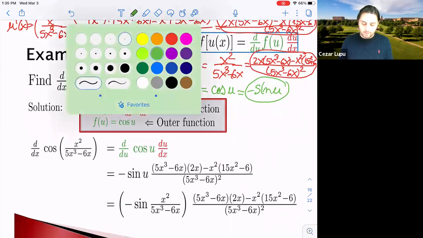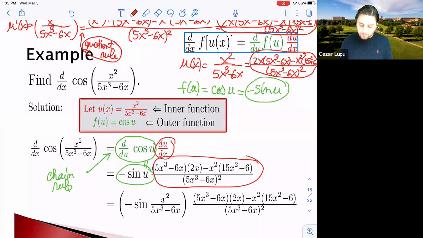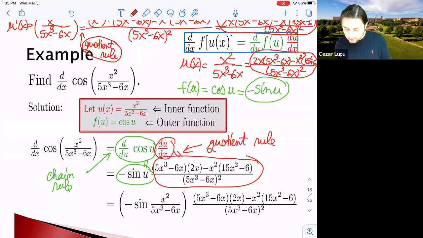Let me just say, here I apply the chain rule. So I'll get the derivative of cosine of u is this, and this will give me this. And here I'll apply the quotient rule. We already computed this. You see it's the same thing as this here, exactly the same.